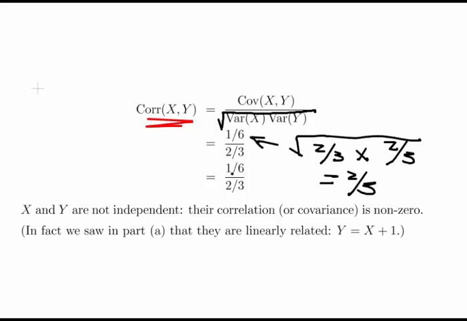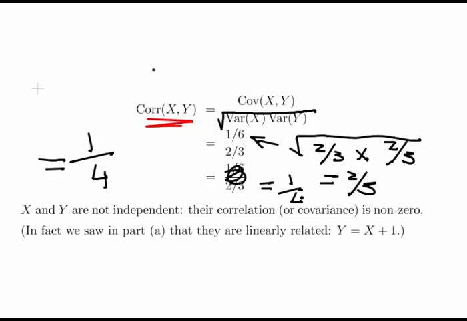That is equal to 1/6 divided by 2/3, which is a quarter, 1/4. So it's 1/6 divided by 2/12 divided by 8/12, which is 1/4. They're not independent. Their correlation and covariance are non-zero.